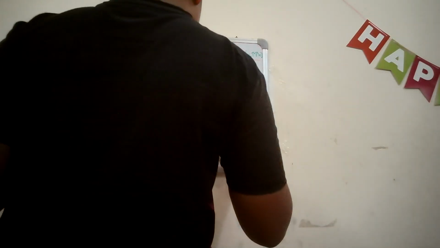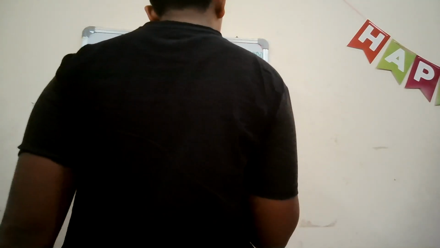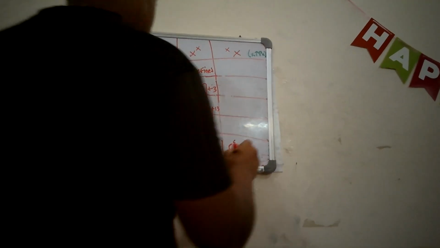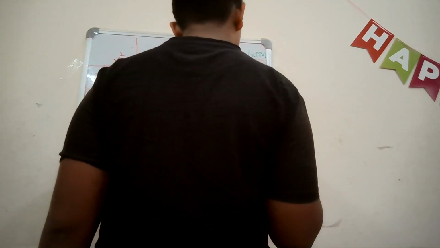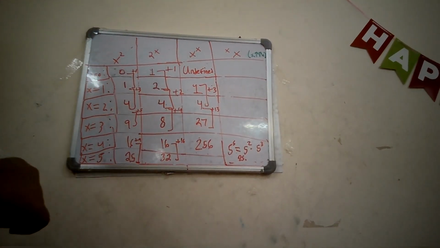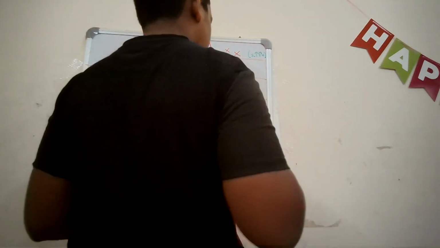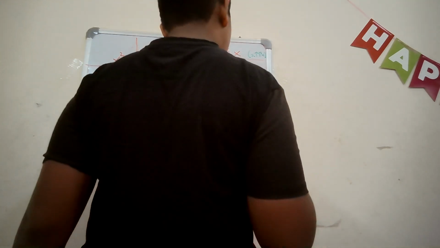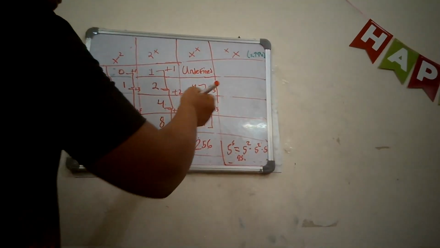So this was happening. And, oh my god, 5 to the power 5. And luckily, even though it's a big number, we can find this. We can write 5 to the power 5 as 5 squared times 5 cubed, so this will be 25 times 125. We can also write this as 5 squared times 5 squared times 5, because 2 plus 2 is 4, 4 plus 1 is 5.